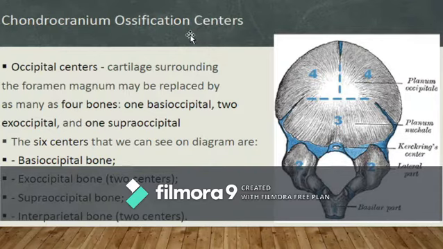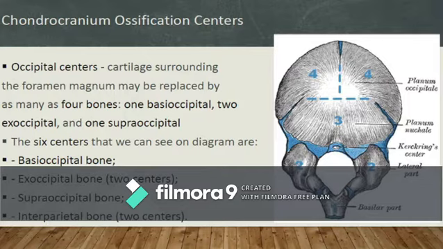So we have the occipital center, the sphenoid center, the ethmoid center, and the otic center. Again, in other books, we have the occipital center, the sphenoid center, the ethmoid center, and the otic center.